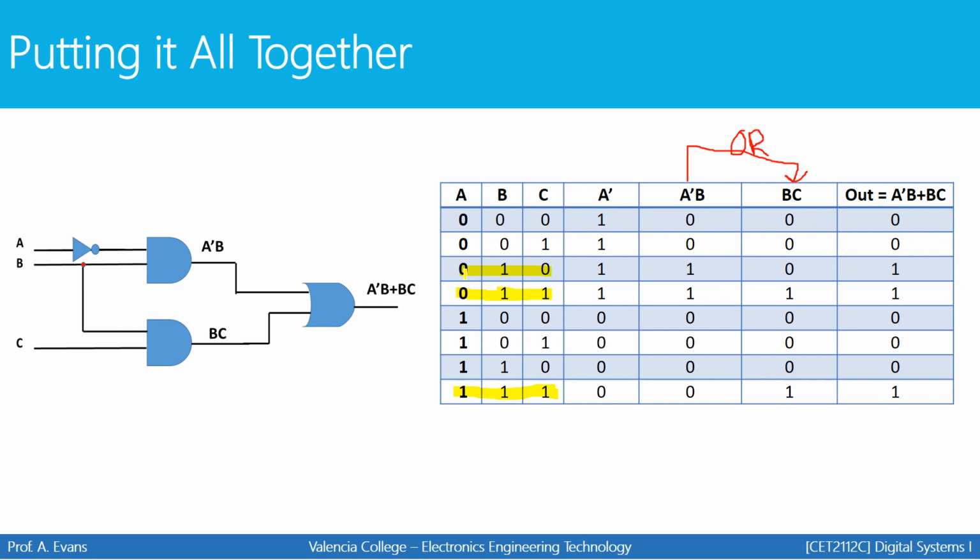So if input A is 0 while B is 1 and C is 0, the output will be high. Or if input A is low while B and C are high, the output will be high. Or if they're all high, if A, B, and C are all high, the output will be high. And I know that with any other combination, if I test any other one of these combinations in the table, the output will be low, which means I'll measure a low voltage between 0 to 0.8 volts, or I'll have an LED that is off.